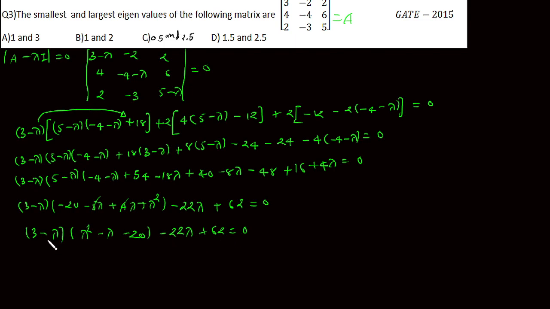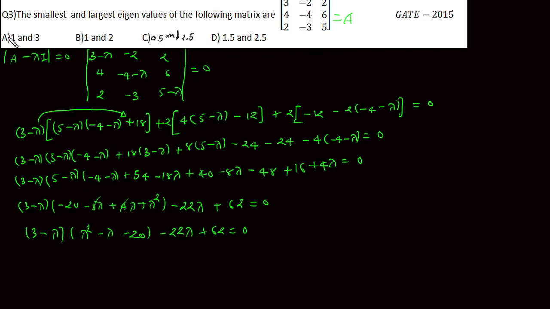Now we can further multiply this bracket with this bracket and find the polynomial in terms of lambda cube, but it is not a necessary step here because they are asking about the largest and minimum. So we can directly go from the options and put the values one by one, and check whether this equation is satisfied by this value or that value, by which option.